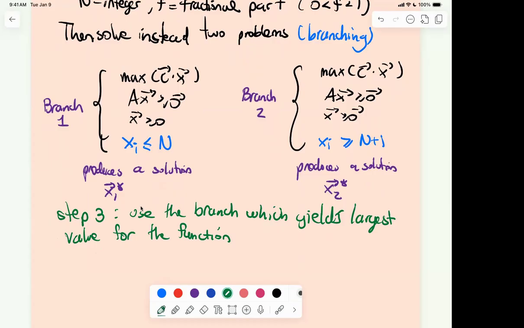And repeat the algorithm. You redo the steps if one of the coordinates of this max is not an integer, so you have to keep going until all the coordinates are integers.